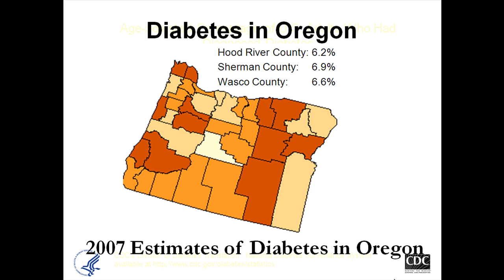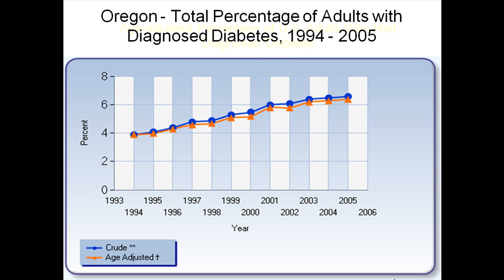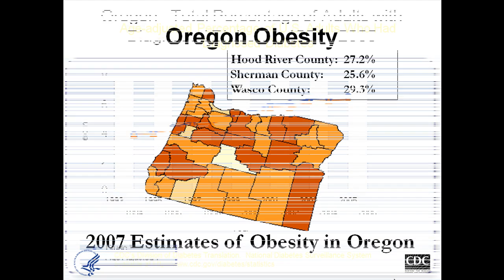So we're up in that upward range where it may get over 7% within the next year or two, and maybe now, because the last data was 2008, so we'll see. Again, some graphics looking at how diabetes has increased in Oregon from 94 to 2005. You can see there is about a 2% increase, and it continues to rise in our population.